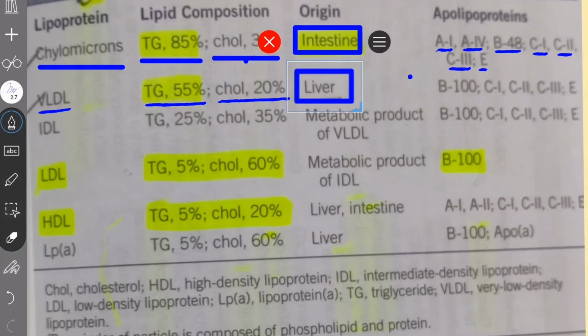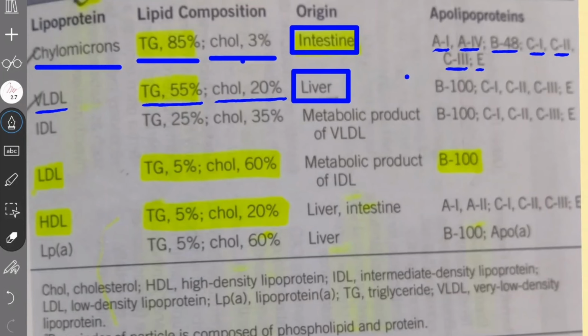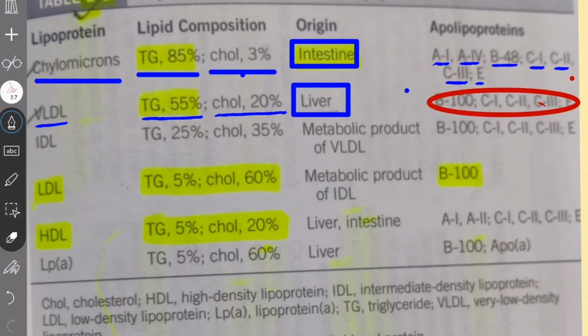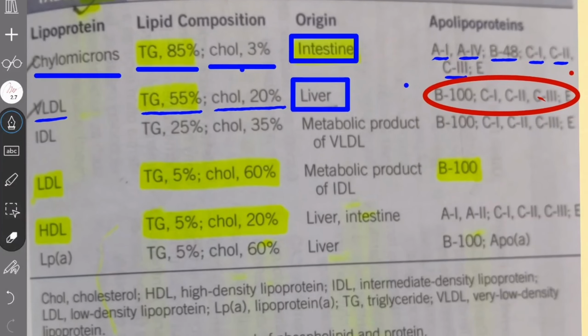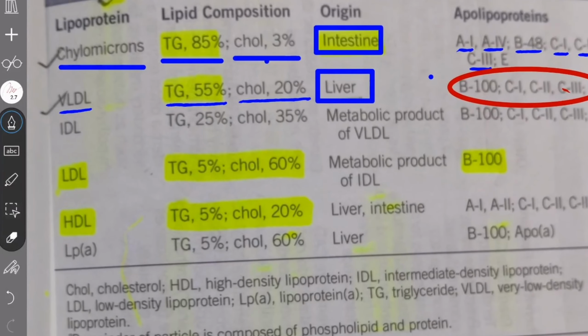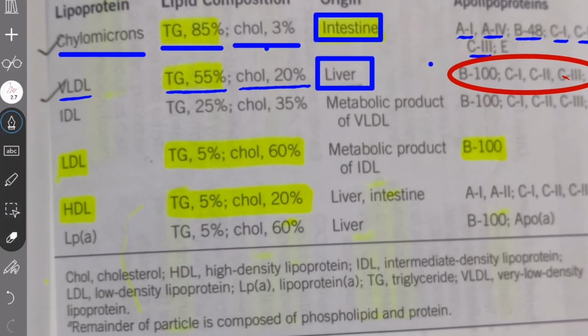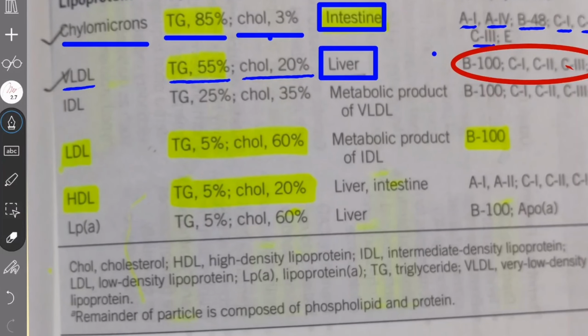The apolipoproteins it has are B100, C1, C2, C3, and E. So the triglycerides are higher in chylomicrons, and lower in LDL and HDL.